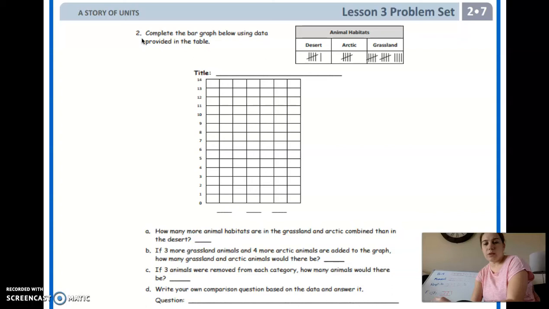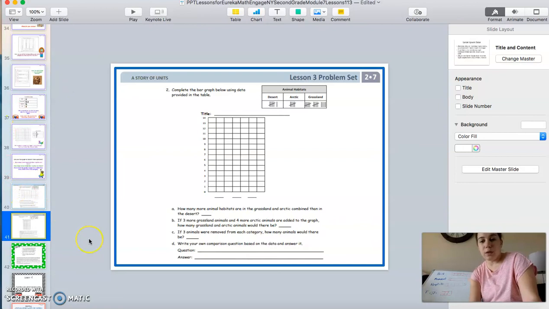B, if 3 more grassland animals and 4 more Arctic animals are added to the graph, how many grassland and Arctic animals would there be? C, if 3 animals were removed from each category, how many animals would there be? And D, write your own comparison question based on the data and answer it. Question and answer. That is all that we have for today.